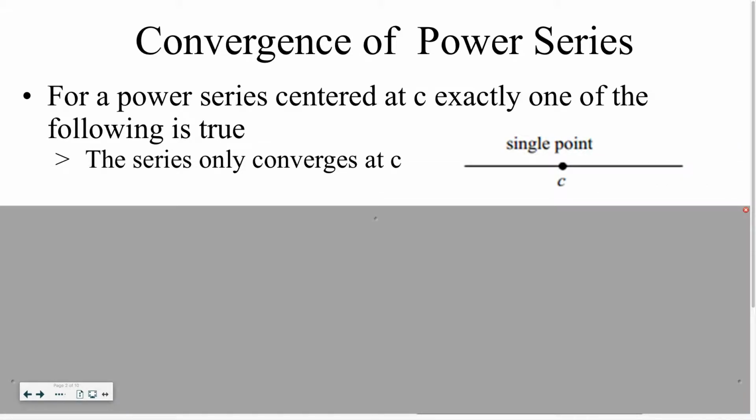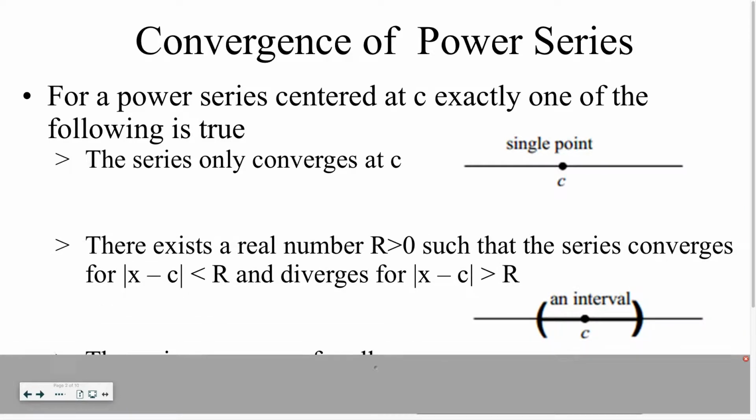For a power series centered at C, C could be 0. 3 things could happen. It only converges at C. Or it converges on an interval, and that's what I would write.